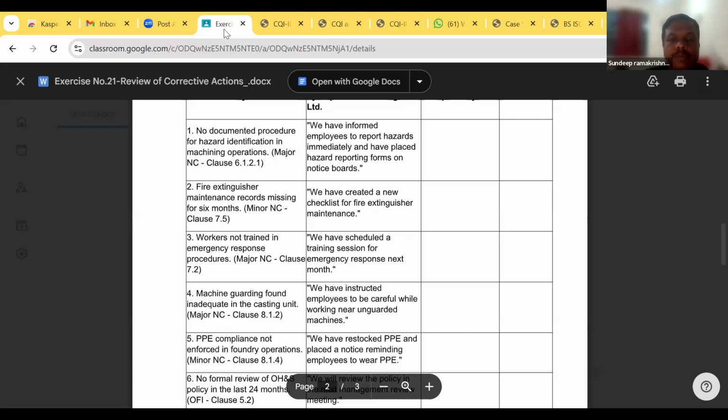Right. Third: workers not trained in emergency response procedures. Do you accept this corrective action? We have scheduled a training session for emergency response next month.